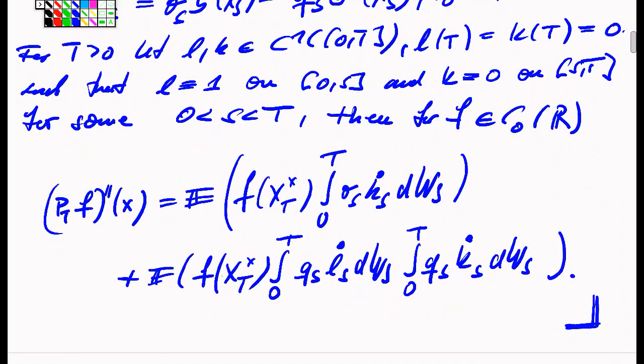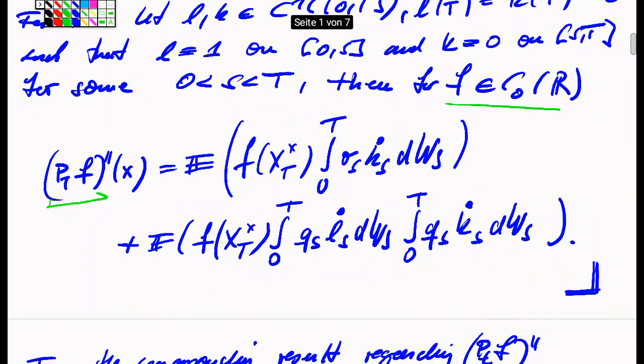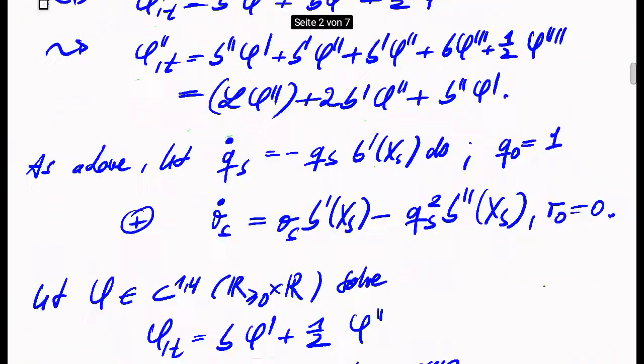And of course, as a consequence, we can see that this operation of the heat semigroup, or the semigroup induced from the solutions of these stochastic differential equations, produces a function which is twice continuously differentiable with first and second order differentials being functions which vanish at infinity.